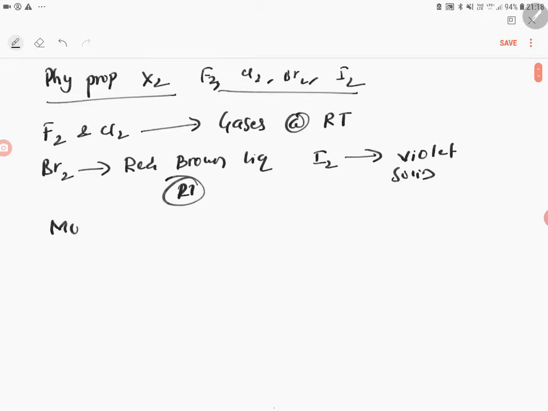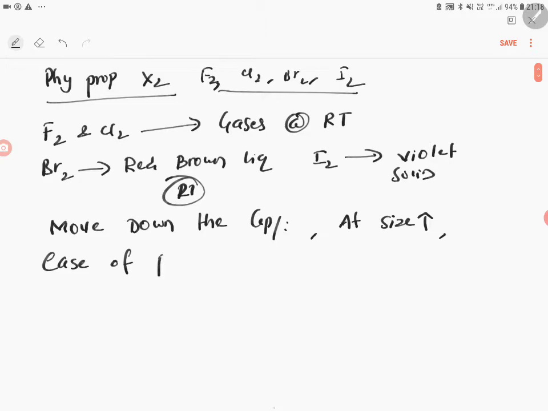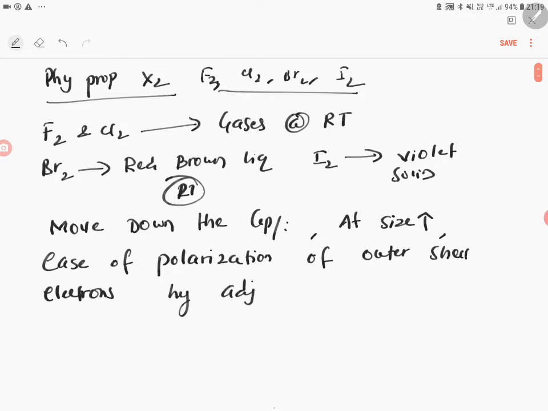When you move down the group, atomic size increases, which means the ease of polarization of outer shell electrons by adjacent nuclei also increases.